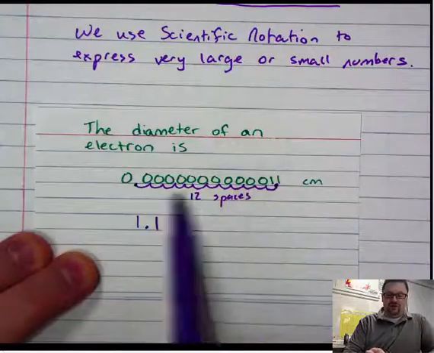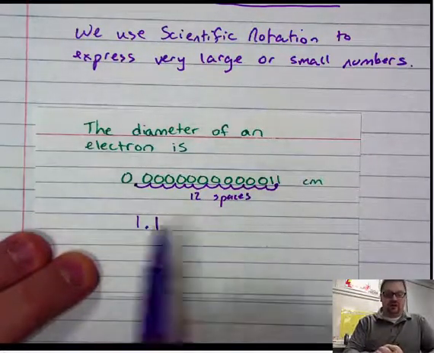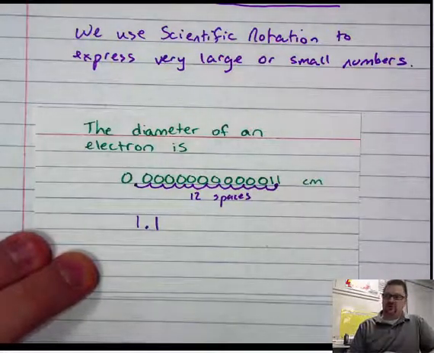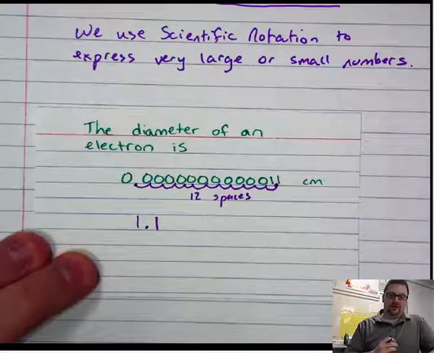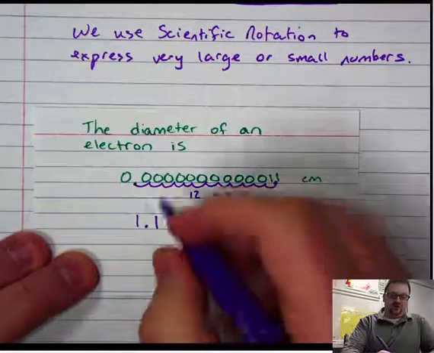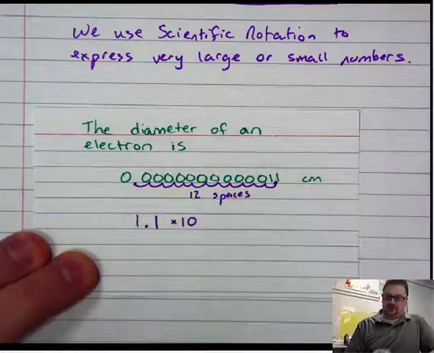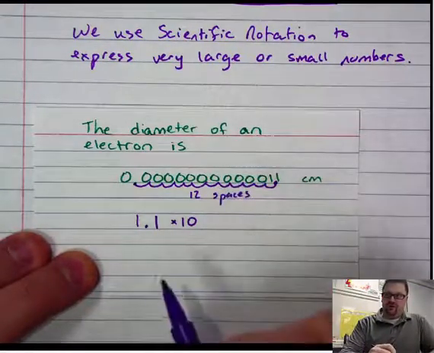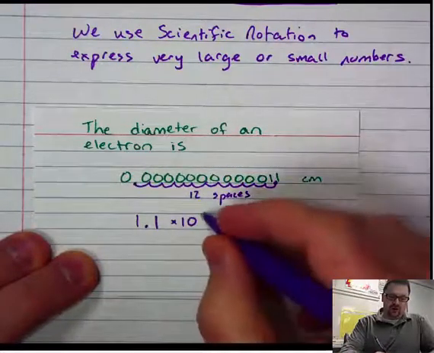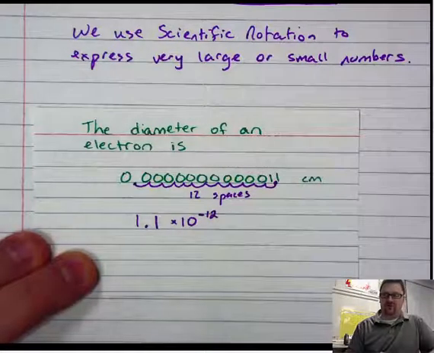Notice that this original number is smaller than 1. The whole number, the entire thing here is a decimal. And thinking about the exponents unit from before, negative exponents result in fractions or decimals. So in this example, I'm still going to multiply by 10, and 12 is the number of spaces I move, but since I'm creating a number smaller than 1, I'm going to raise it to the negative 12th power.